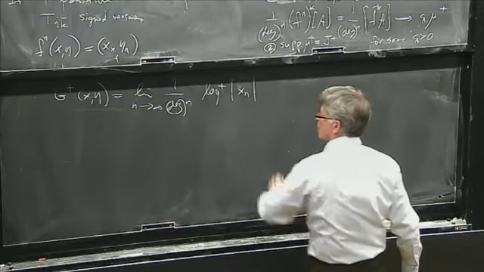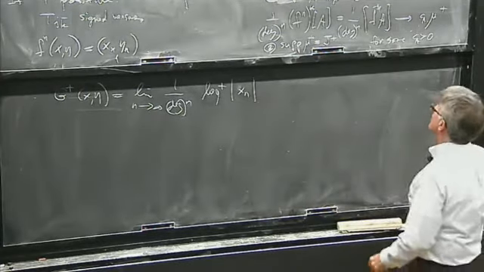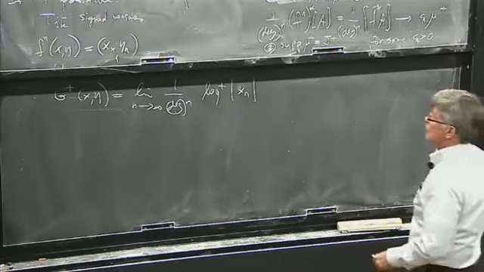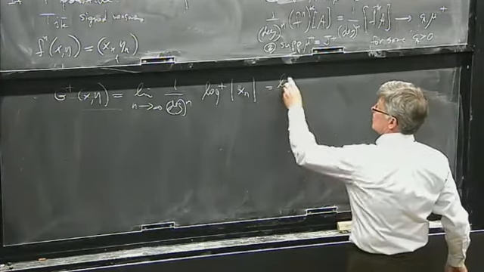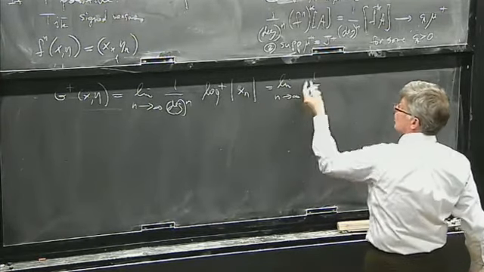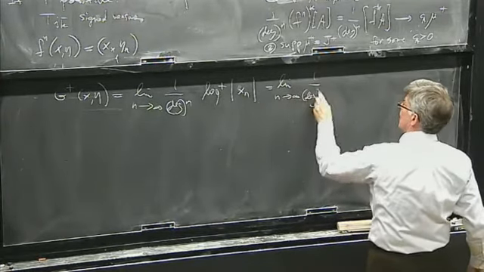I can define it this way. Since xn is getting much bigger than y, this would also be the same as n going to infinity. Well, it doesn't make any difference here, for any norm.